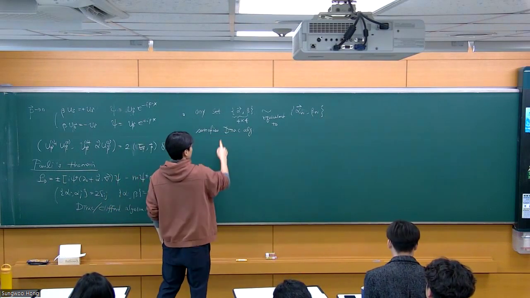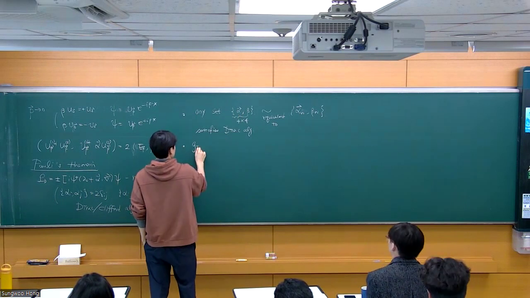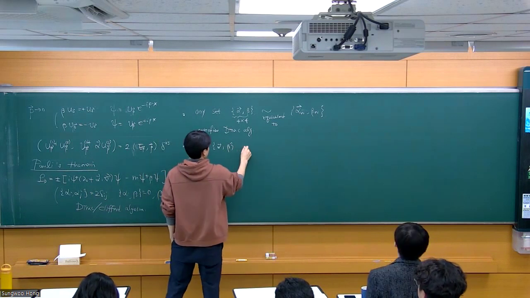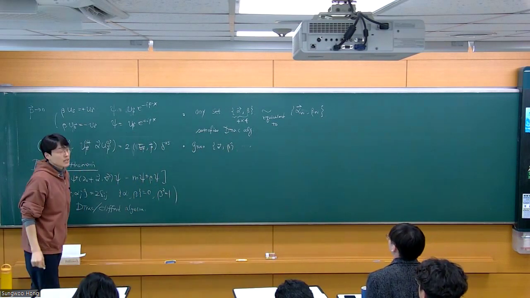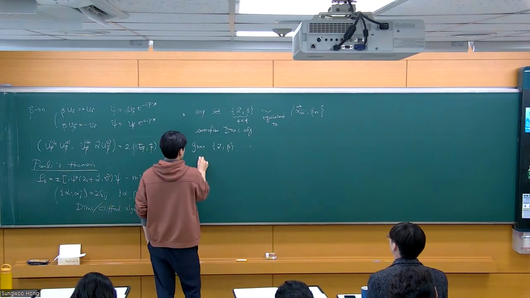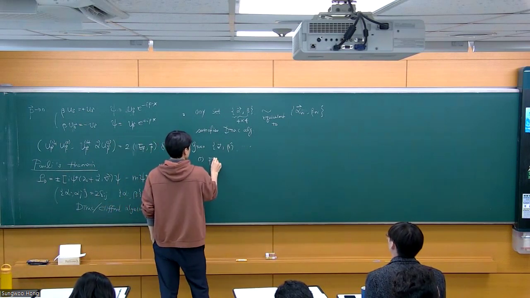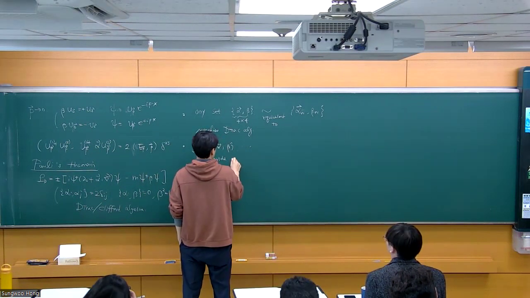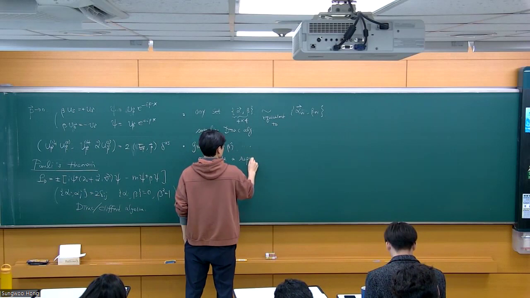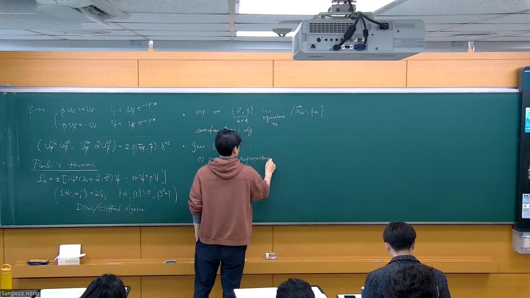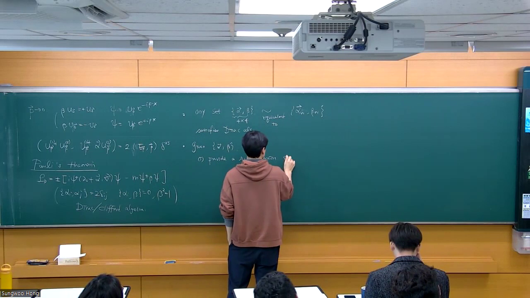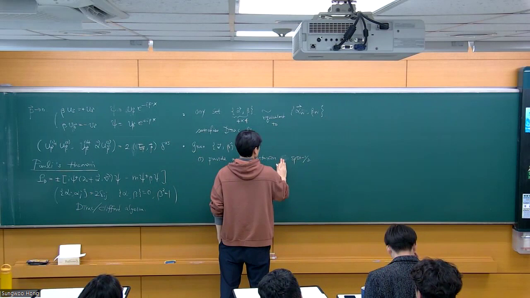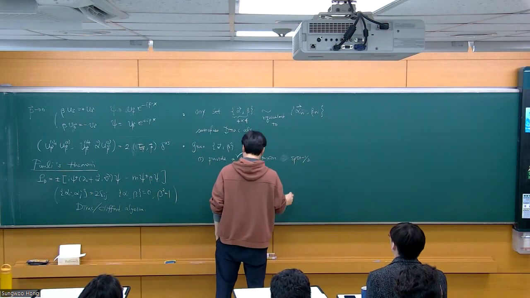The statement is: given alpha and beta that satisfy the Dirac algebra, this provides a spin half representation of the Lorentz group.